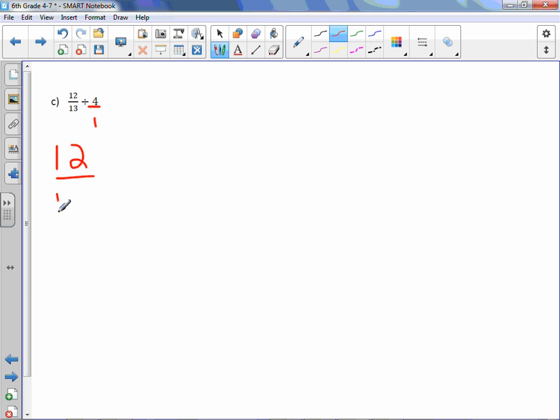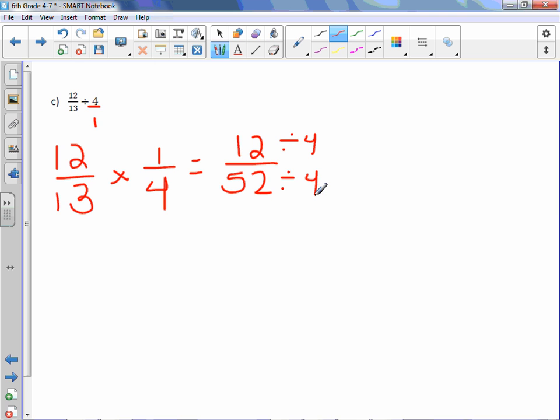I will not divide. I will multiply by the reciprocal. We get 12 over 52. I can divide by 4. And we get 3 over 13, which cannot be reduced.